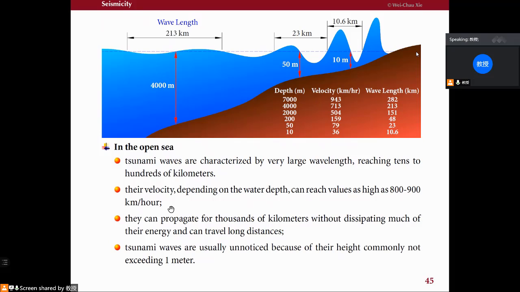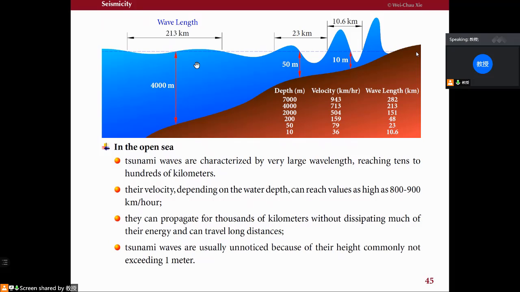And tsunami waves are usually unnoticed because of their height commonly not exceeding 1 meter. So the wavelength is very large and the height is very small.